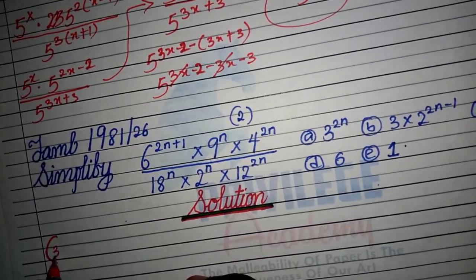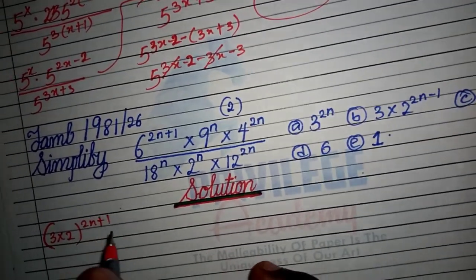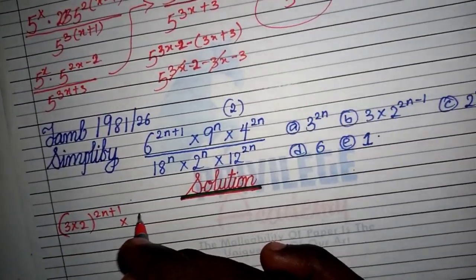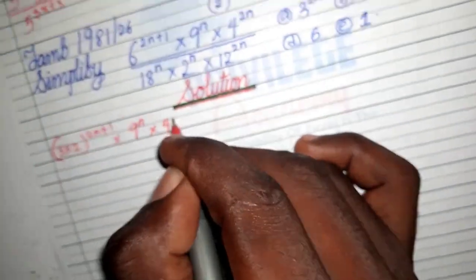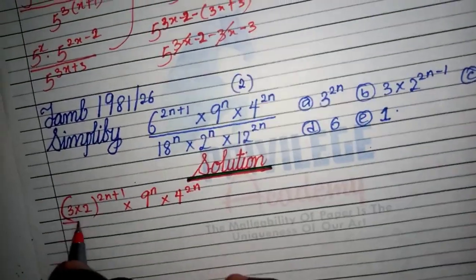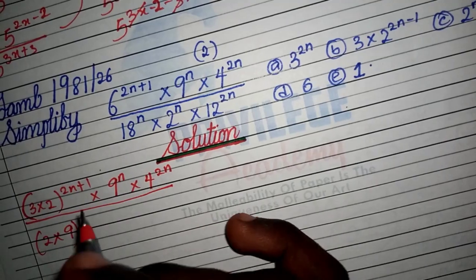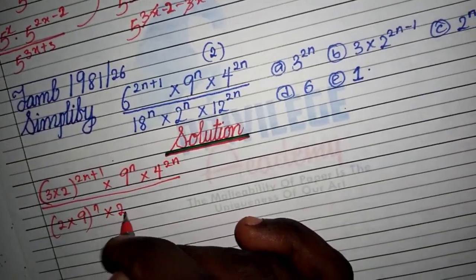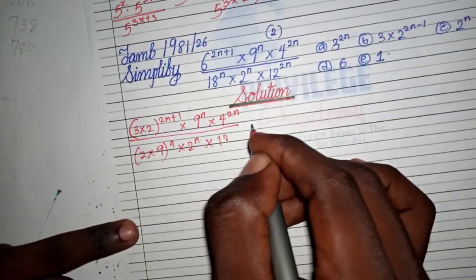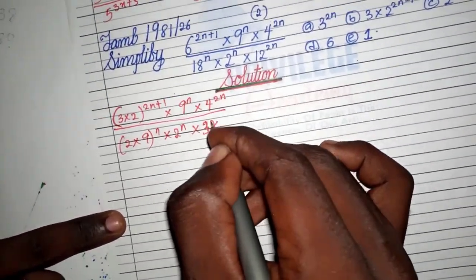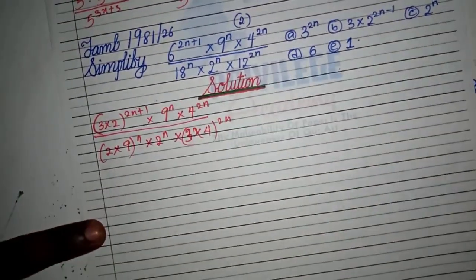So this can be 3 times 2 to the power of 2n plus 1 times 9 to the power of n times 4 to the power of 2n divided by 18, that's 2 times 9 to the power of n times 2 to the power of n times this 12 will become, let's say, 3 times 4 to the power of 2n.